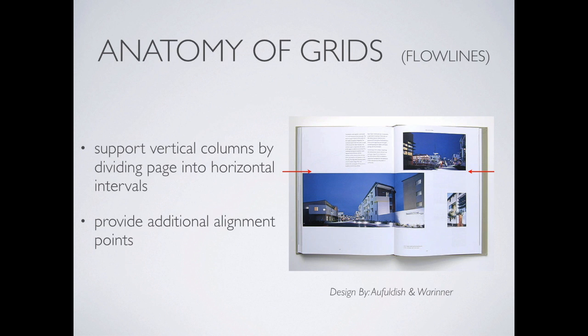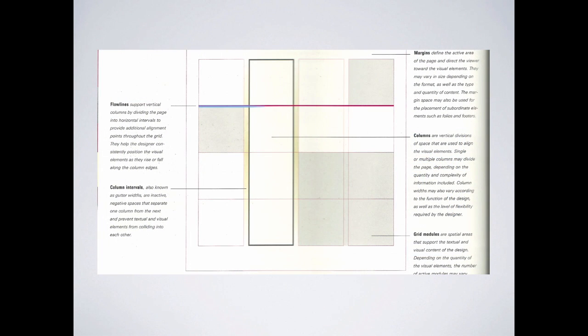Likewise, we have column here, negative space column here, third column here. So this is essentially a 3-column layout in this particular context. The flow line is the break that goes across horizontally. So they complement the columns by breaking them horizontally. So we don't just have the vertical set of columns. So our flow line there is highlighted in red.